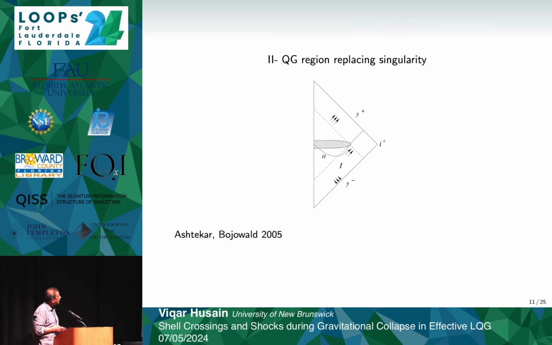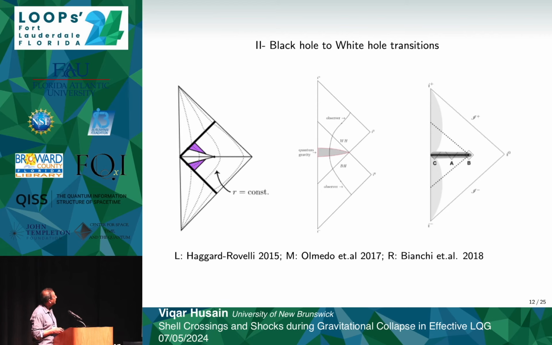Then another paper along these lines was by Viqar and Bojowald, and they conjectured another replacement for Hawking's Penrose diagram, with a quantum gravity region, an asymptotic region, influxes, and outfluxes. Again, for both of these diagrams, there's no concrete calculation so far that produces a metric for which these are the Penrose diagrams. So our goal is really collectively to think about that.